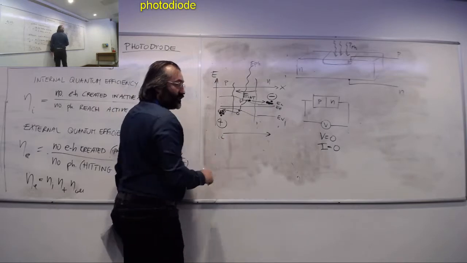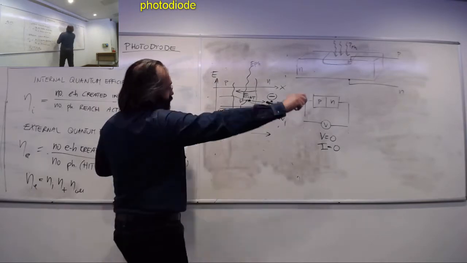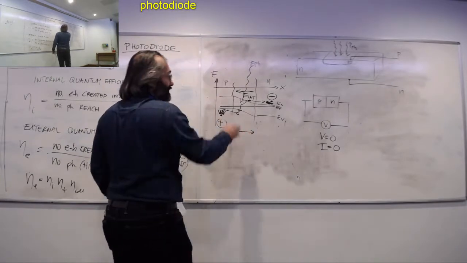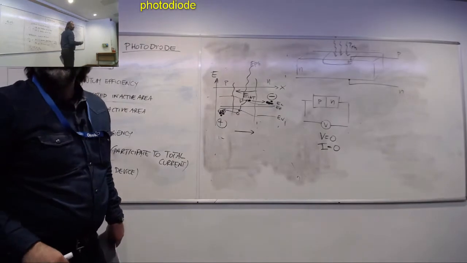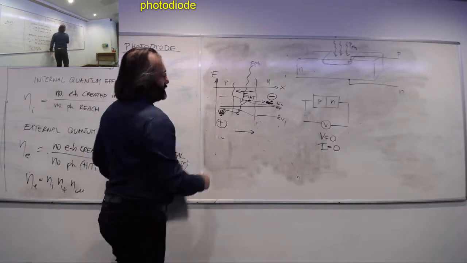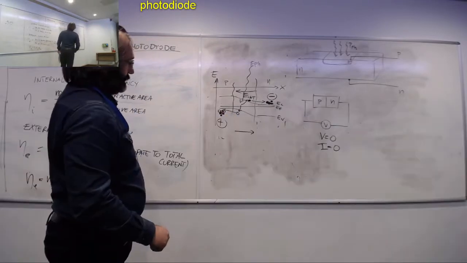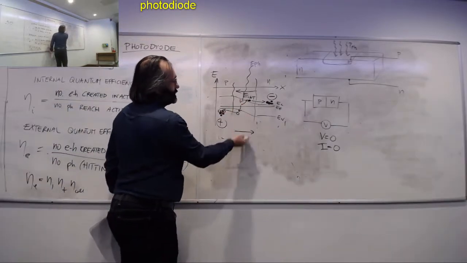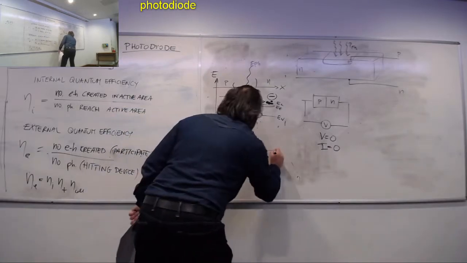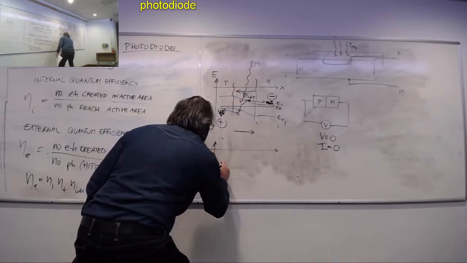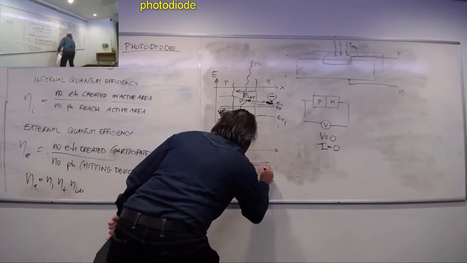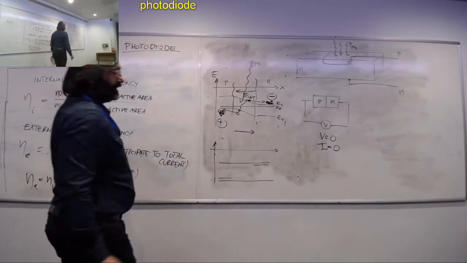Now, here I've exaggerated this field, the arrow is too big. At maximum, this other field can be at maximum the same intensity as that. Because when this other field, due to charge separation, effectively counteracts the internal one, the band diagram would look like that.